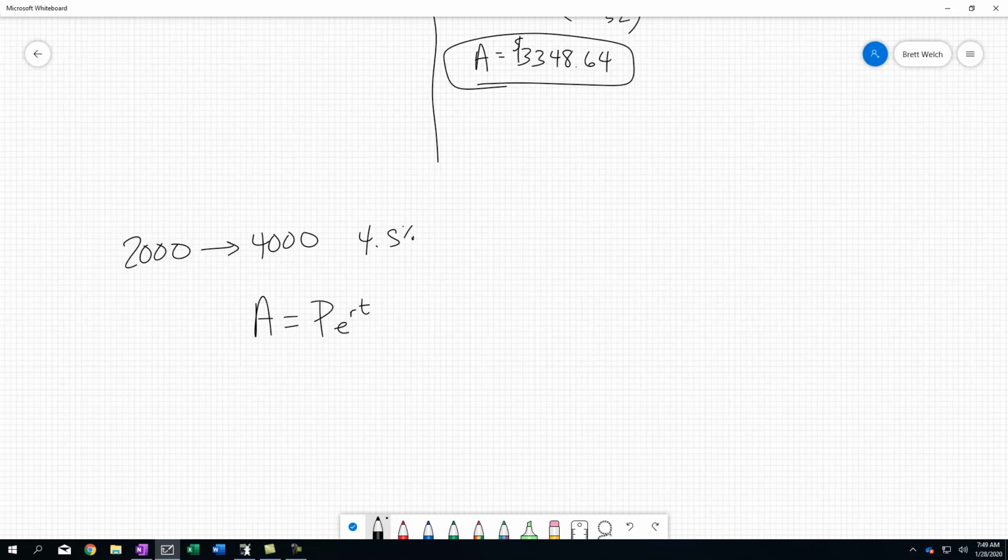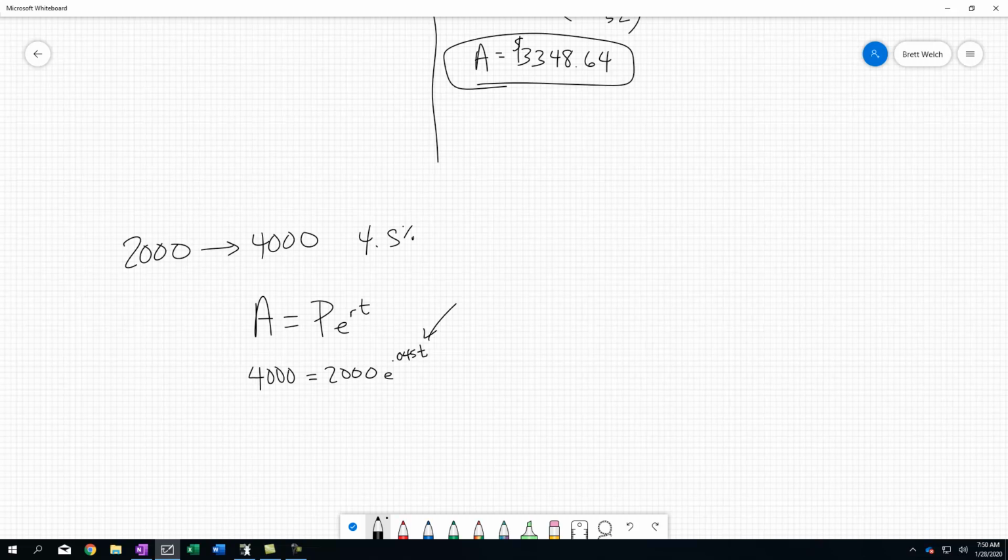And so as we go in here, we first put 4,000 for the amount we want, 2,000 for what we started with, e raised to the 0.045 and an unknown time. And the question comes, how the heck do we solve for this? Well, this is the exact same thing that we did on question number 11 or question number 10, where we were solving for an exponent.